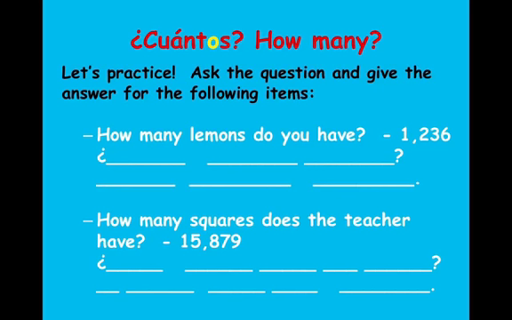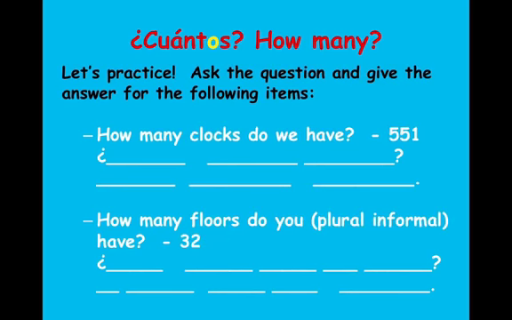How many squares does the teacher have? The teacher has 15,879 squares. Returning students know what the word for squares is. If you do not know, please look it up in the dictionary. Again, how many clocks do we have? We have 551 clocks.